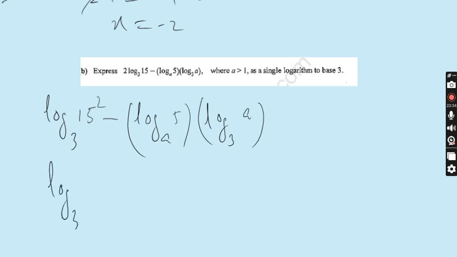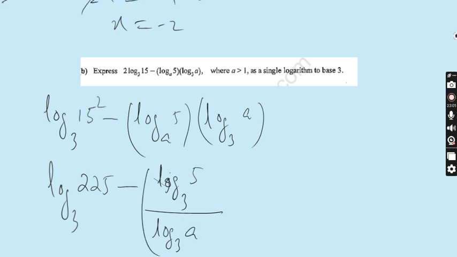Log 3, 15 squared is 225. Negative, convert this log a5 to log 3. So log a5 is log 3 5 upon log 3a, and this is log 3a already.